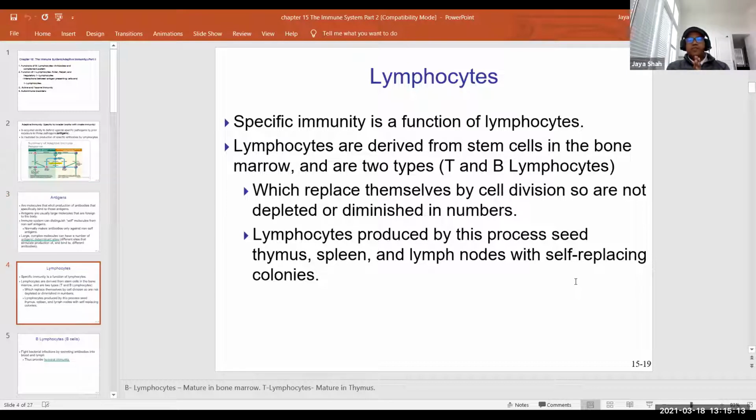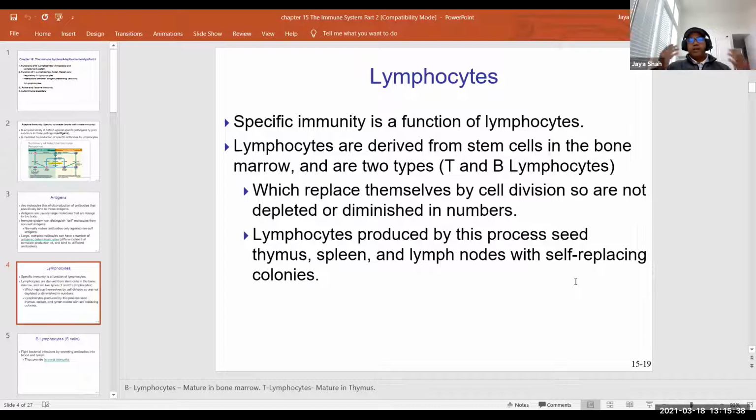Specific immunity is a function of lymphocytes, and non-specific immunity is a function of other leukocytes: neutrophils, eosinophils, basophils. Lymphocytes are derived from stem cells in the bone marrow and are of two types, T and B lymphocytes, which replace themselves by cell division, so they are not depleted or diminished in number.